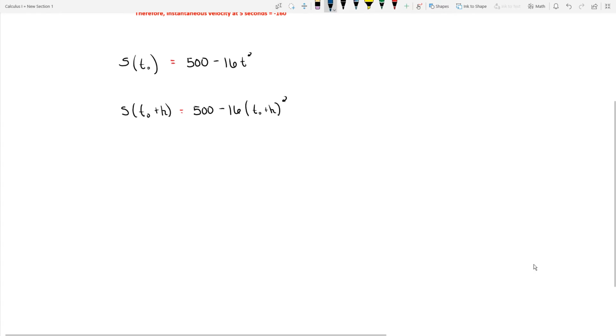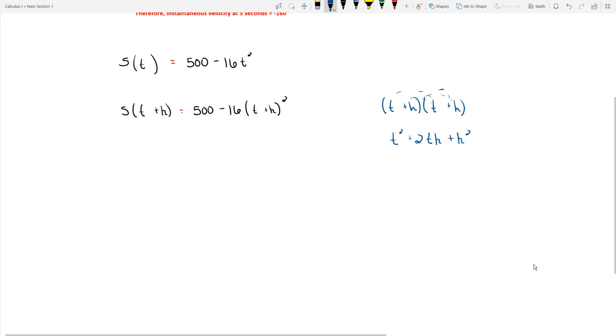So when we FOIL t sub 0 plus h squared, let's just walk through this carefully. We have t sub 0 plus h multiplied by t sub 0 plus h. So as not to confuse, I'm going to drop the sub 0, and we're just going to leave this as simply t. We multiply this out and end up with t squared plus 2th plus h squared. That's FOILing this out, of course.